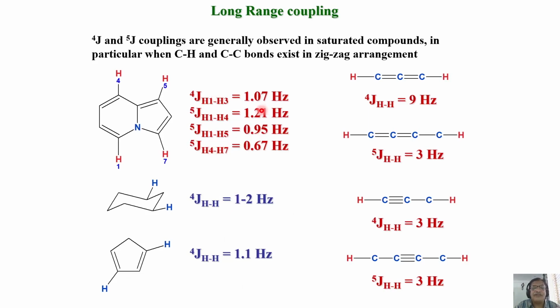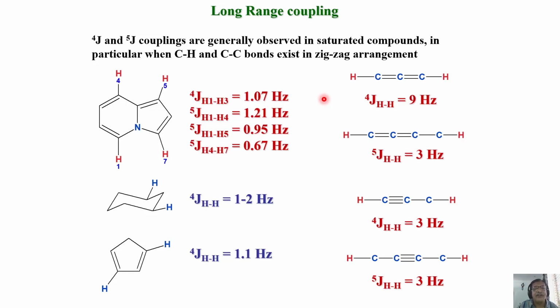The general rule is that coupling decreases with increase in the number of bonds, but it does not mean there are no deviations. In many examples, we have observed long range couplings of 4 bonds, 5 bonds, 7 bonds, 8, 9 bonds away. I'll show you one example today. Two protons separated by 9 bonds, coupling has been seen.